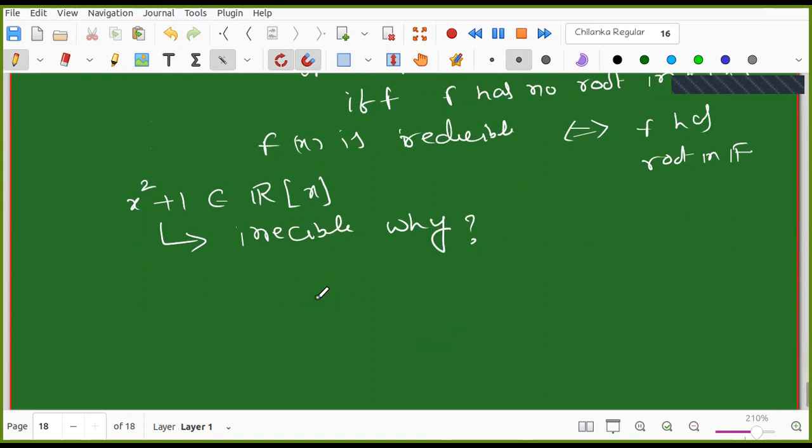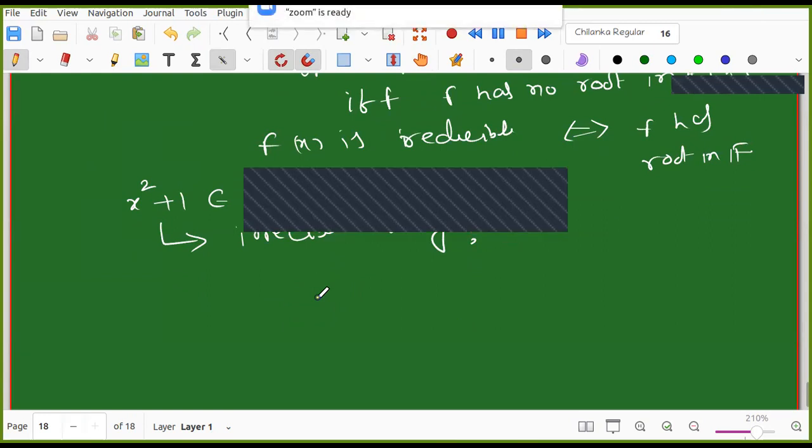It will be reducible. Why is it reducible? Yes, we have 3 roots, two of them will be complex and the other one will be real. So in particular, can you extend this result? If I take any polynomial of odd degree over R, then it must be reducible over R[x], since it always has one real root, right?